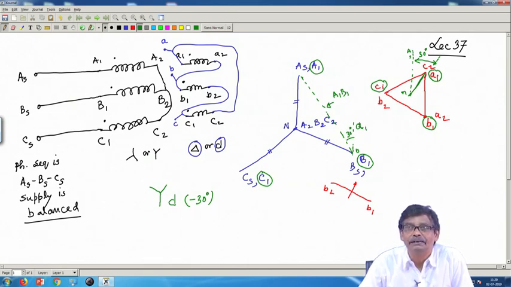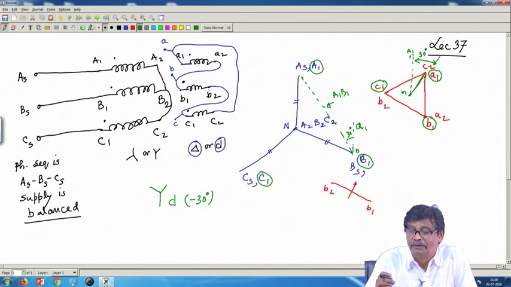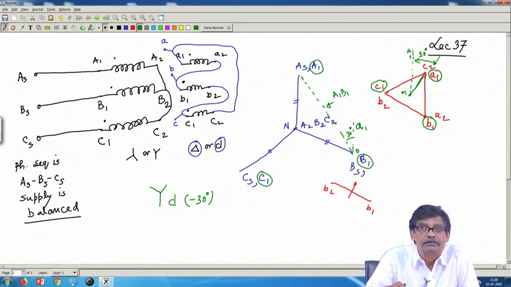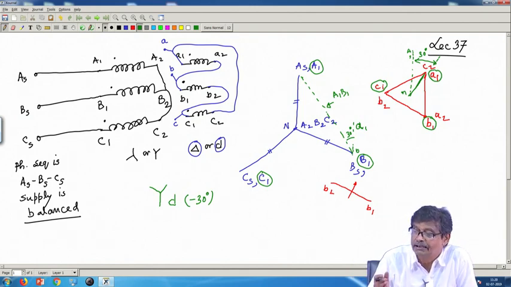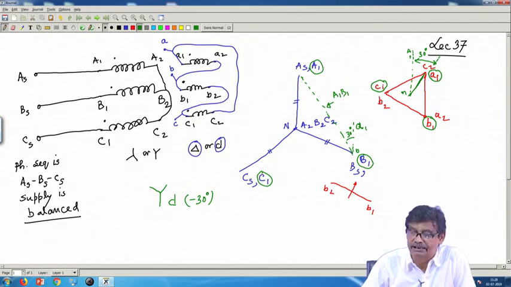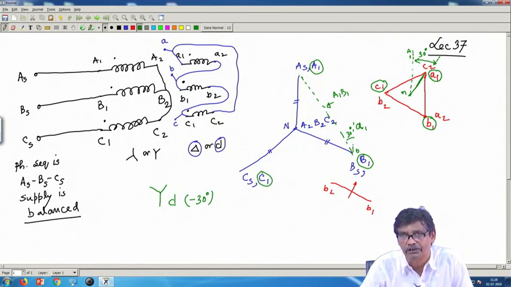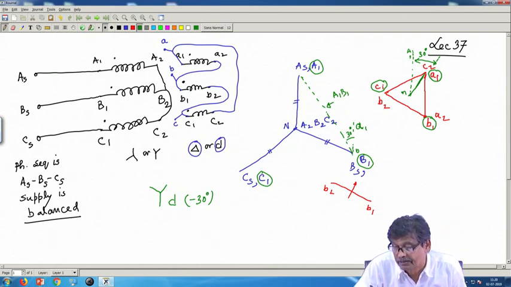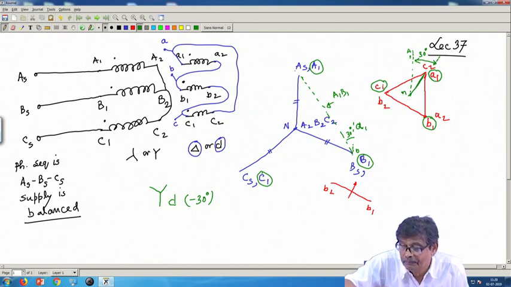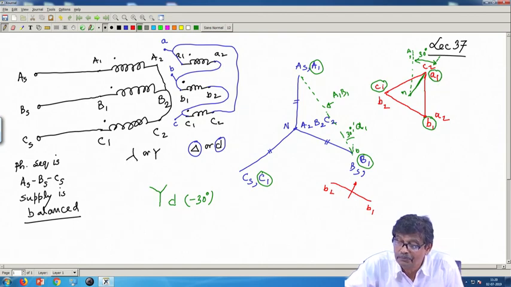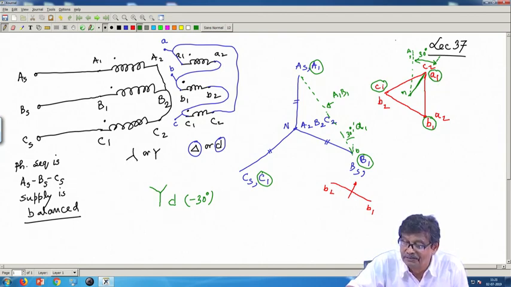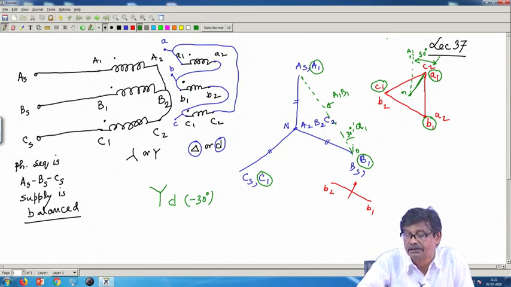Not only the phase voltage with respect to the neutral or artificial neutral will lag, which also means that line to line voltages too will be lagging by the same amount. This point you must understand, because this is A1B1 line to line voltage on the primary side, your small a1b1 becomes the vertical AB voltage of the same line to line voltage, that lags.